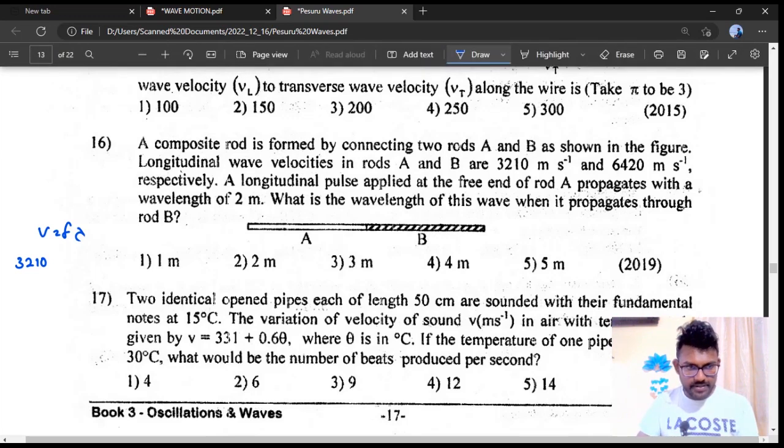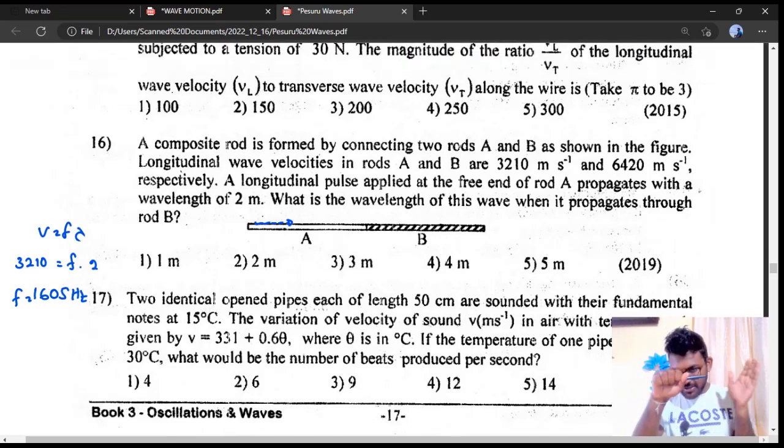Okay, so 3,210, that's the velocity, equals the frequency, which we don't know yet, times lambda, which is given as 2. The wavelength is 2 meters. So the frequency is 3,210 over 2, that's 1605 hertz. Okay dokie, so I got the frequency of this pulse. A pulse means a single wavefront.